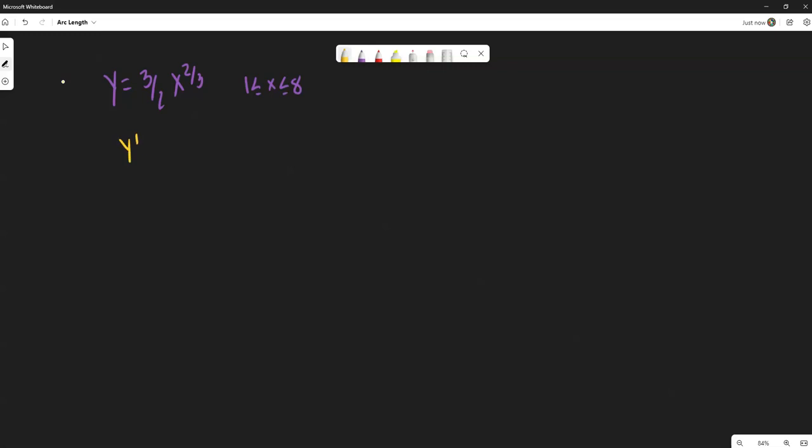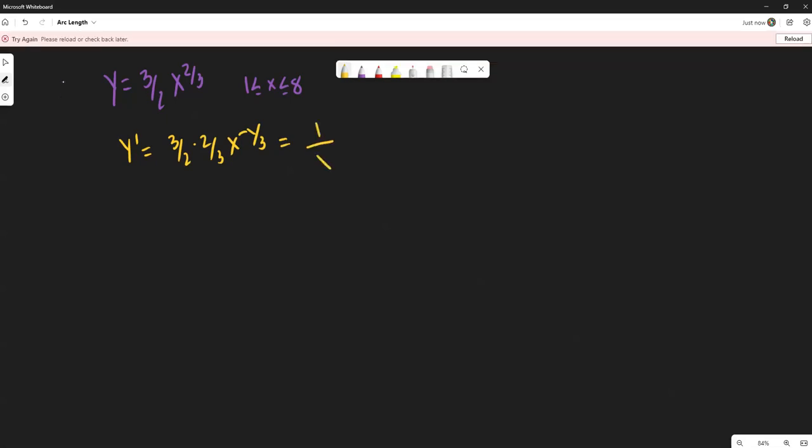So accordingly, we just have to find the derivative, which in this case would be 3/2 multiplied by 2/3 x to the negative 1/3, which is equal to 1 over x to the 1/3. Now, we know that we have to square it, which gives us 1 over x to the 2/3.